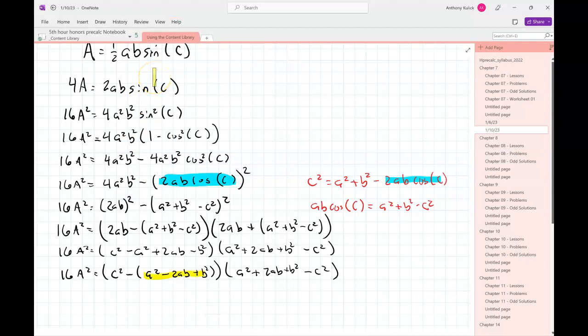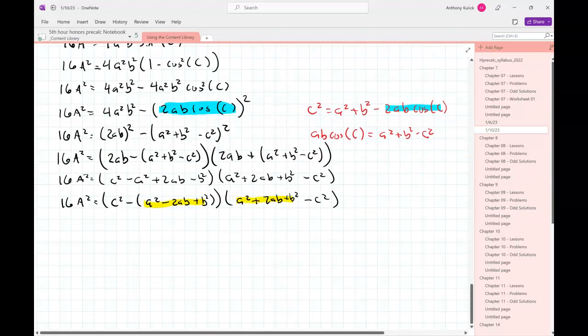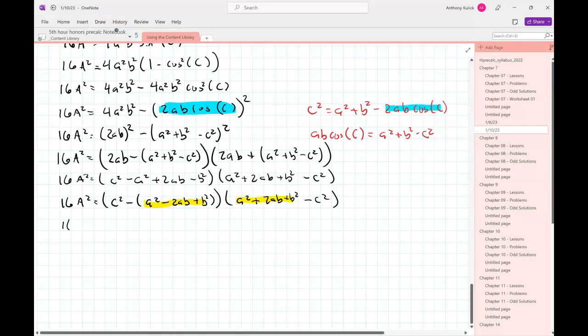And then I notice, aha! I recognize this. Those are both perfect square factoring patterns. So I'm going to factor those parts. Aren't you glad that you'll never have to repeat this process?